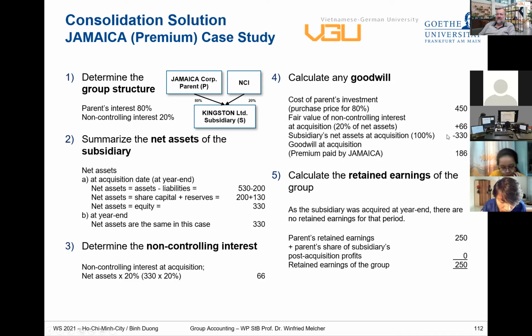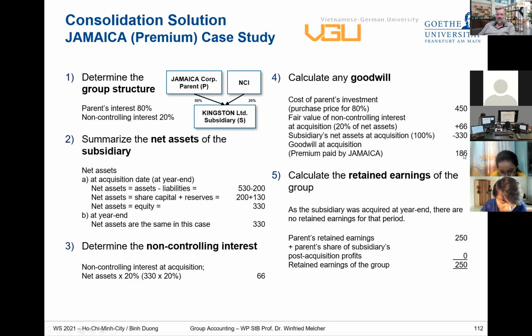And now you can deduct 100% of the net assets to find out what is the premium paid by Jamaica. When you do the math, you have a positive difference between the fair value of the shares and the net assets when you look at the assets in terms of fair values.